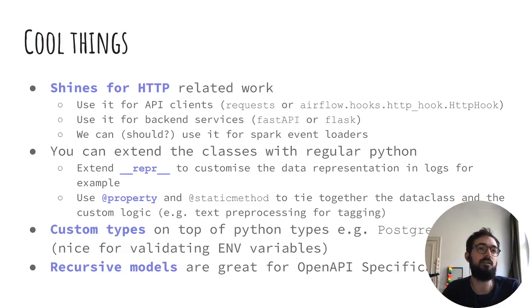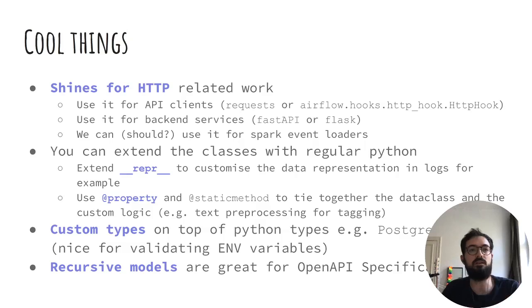The second cool thing is that you can extend the classes with regular Python. Because those classes are regular Python classes, you can just use everything that you would use in a regular Python class, like for example the representation that you can customize. That could be useful, for example, if you want to log your objects.